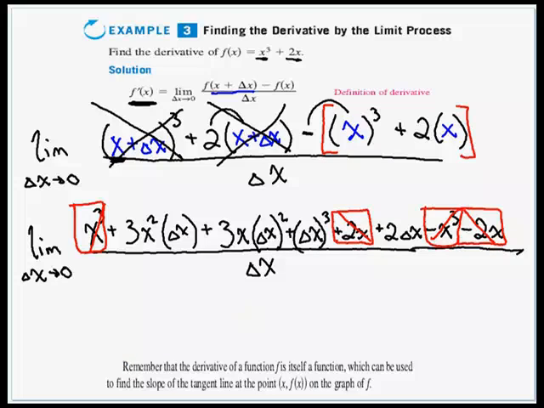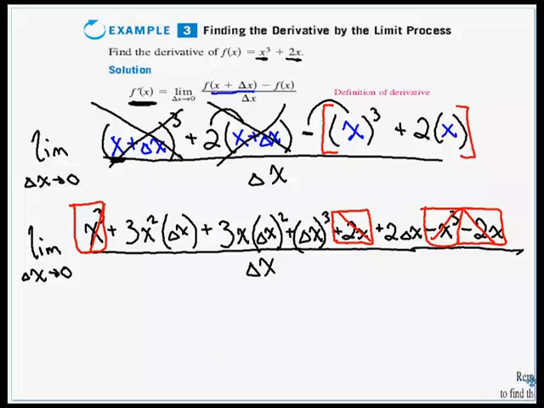So let's see now. Every term remaining in the numerator has a delta x in it. Let's collect them up. The limit as delta x approaches 0.